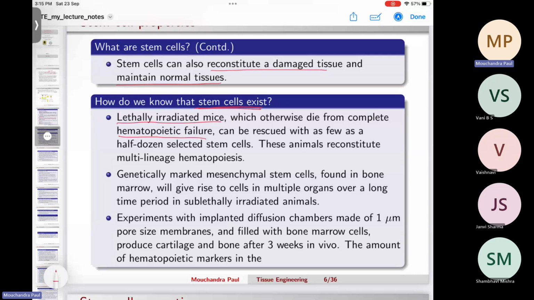But their hematopoiesis capability was restored when a half dozen selected stem cells were injected into them. So you can think that these stem cells are reconstituting, meaning completely forming new bone marrow in the mice whose bone marrow was destroyed. And because this bone marrow is formed, new blood cells started to form in these mice.